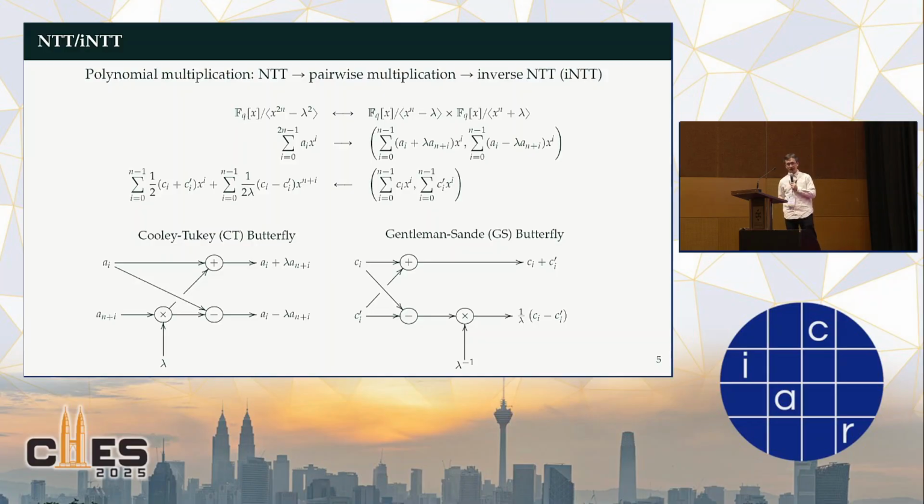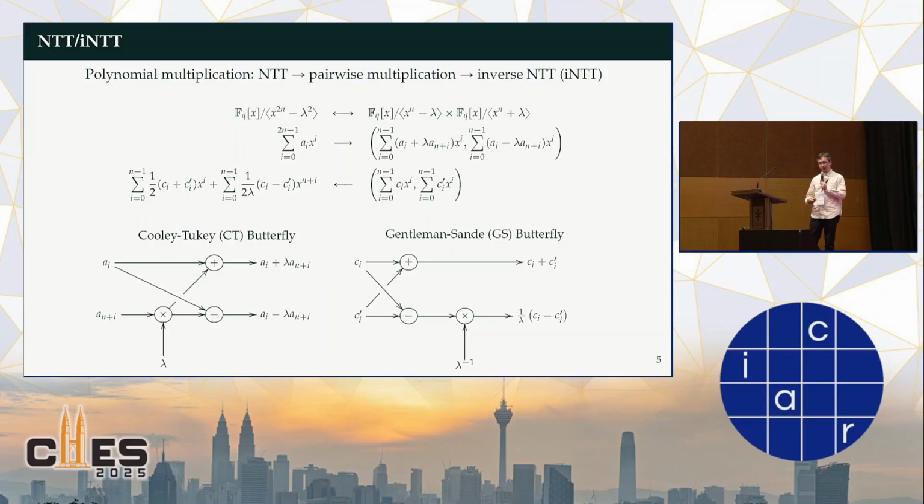In each butterfly, there are some field operations involved, like multiplication, addition, and subtraction. To compute field multiplication efficiently, various reduction approaches are used, such as Montgomery reduction, Barrett, and Plantard reductions.